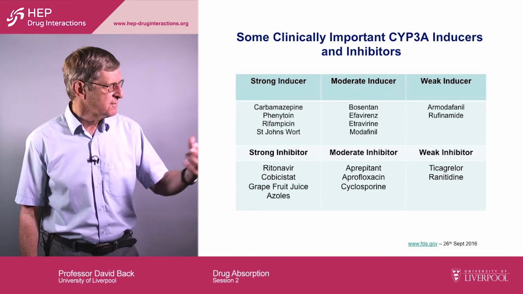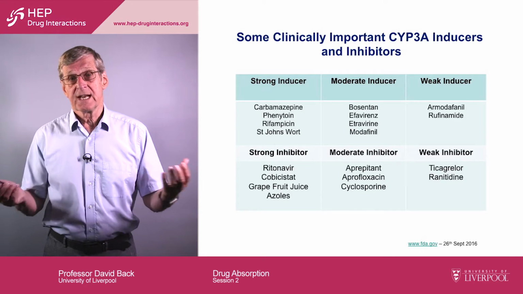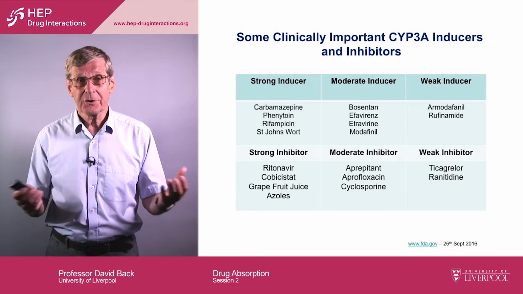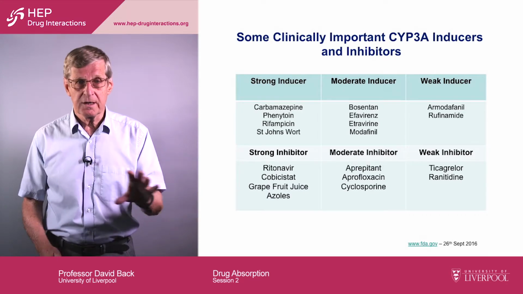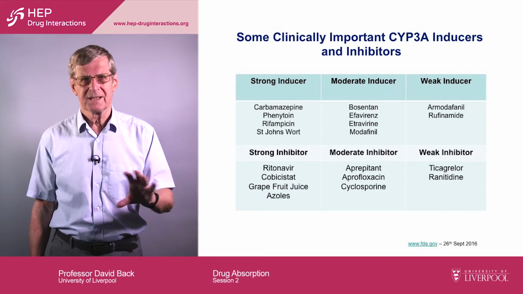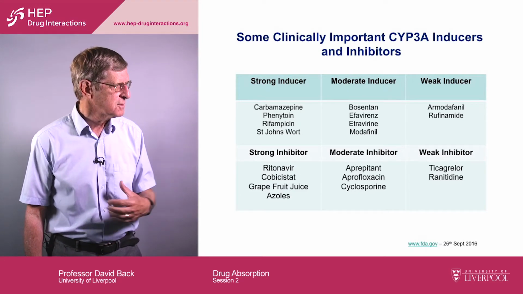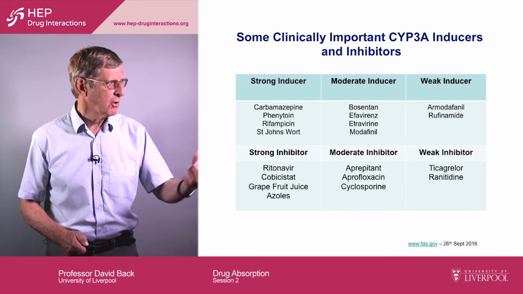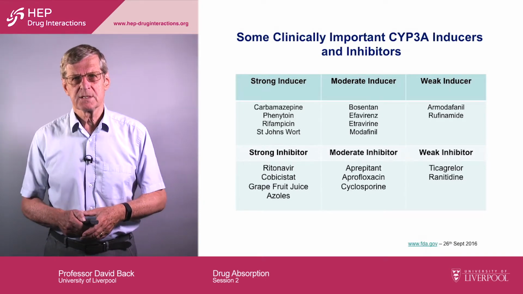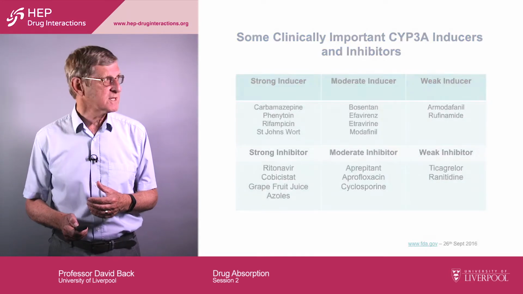So there's a list of drugs, grapefruit juice, for example. If anyone is on an antihypertensive such as amlodipine, it will say on the label, do not take grapefruit juice or grapefruit with your blood pressure tablets. So that's just a common example of something that can inhibit, and grapefruit juice is really important. Other examples of strong inhibitors, moderate inhibitors, and weak inhibitors. These are just examples which can be found on the FDA website.